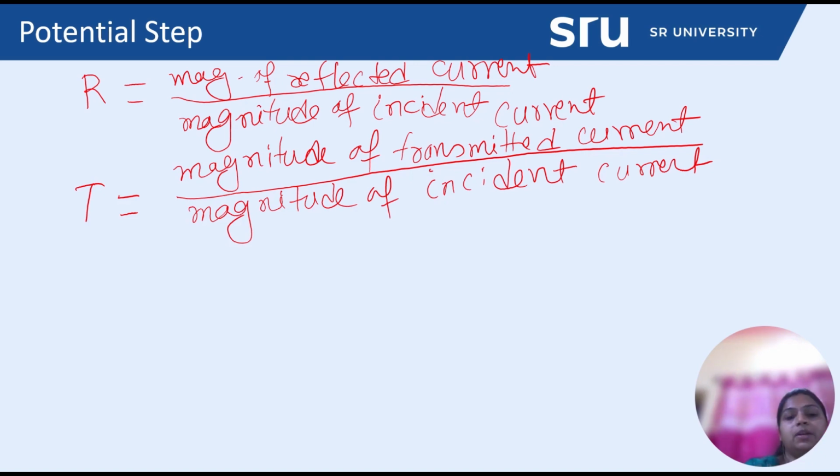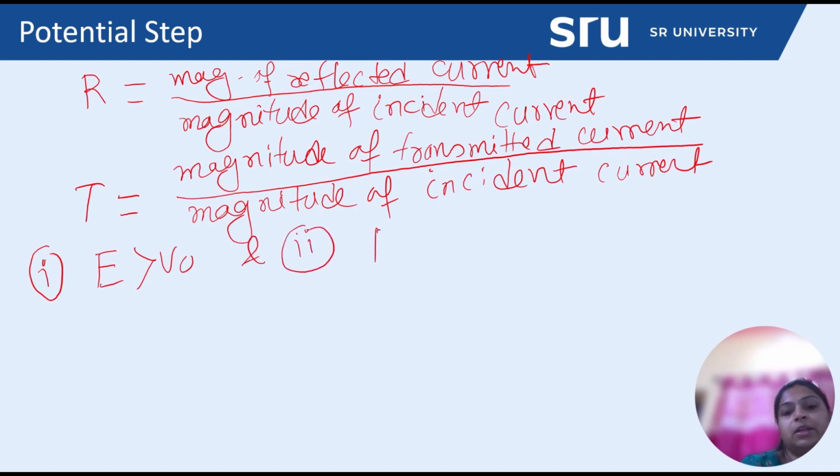The first case is that E, the energy, is greater than the potential V naught, and the second case is that E is less than V naught.